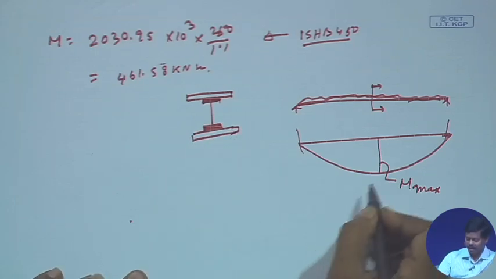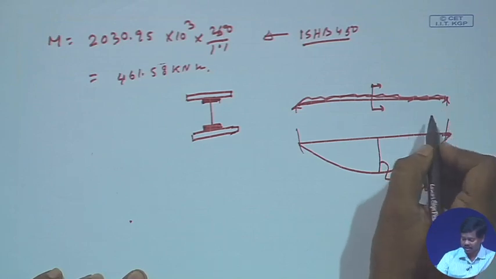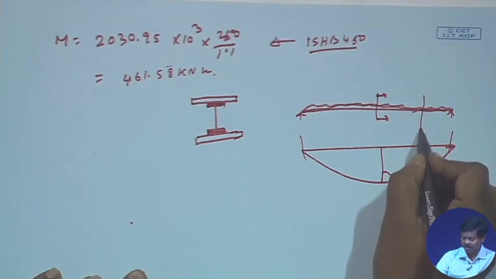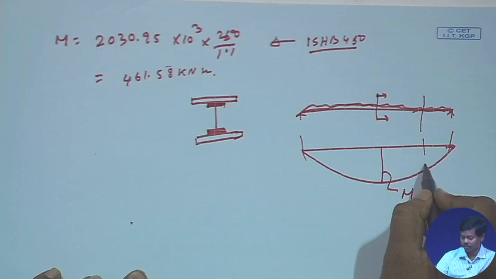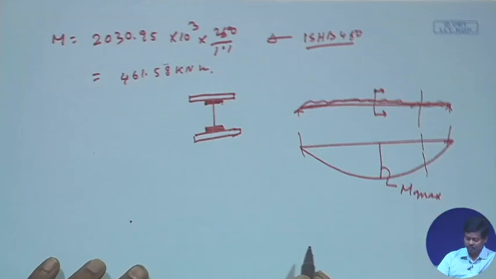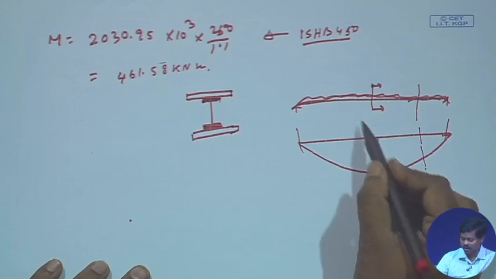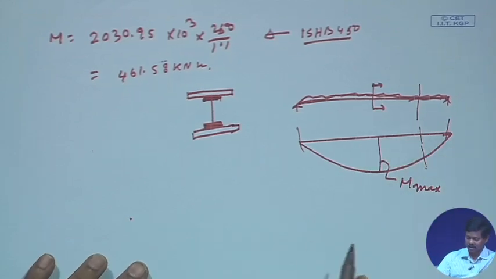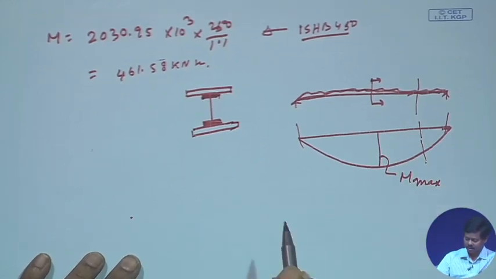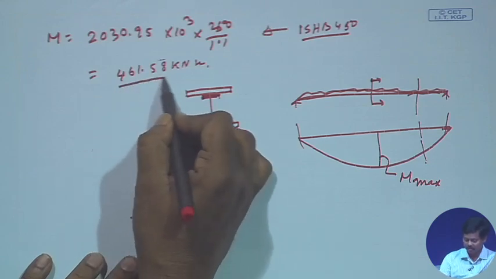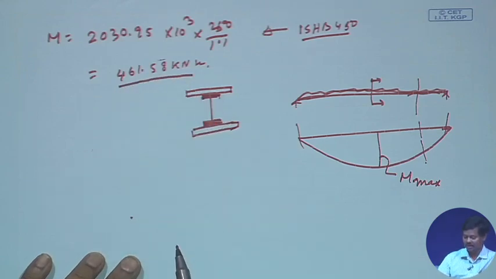But the moment is not constant, it is varying and becoming 0 at the support. So, we do not need to provide the plate throughout the length of the section, because unnecessarily we would be providing it, right, because the I section, which is ISHB 450, can take 461.5 kilonewton meter itself.